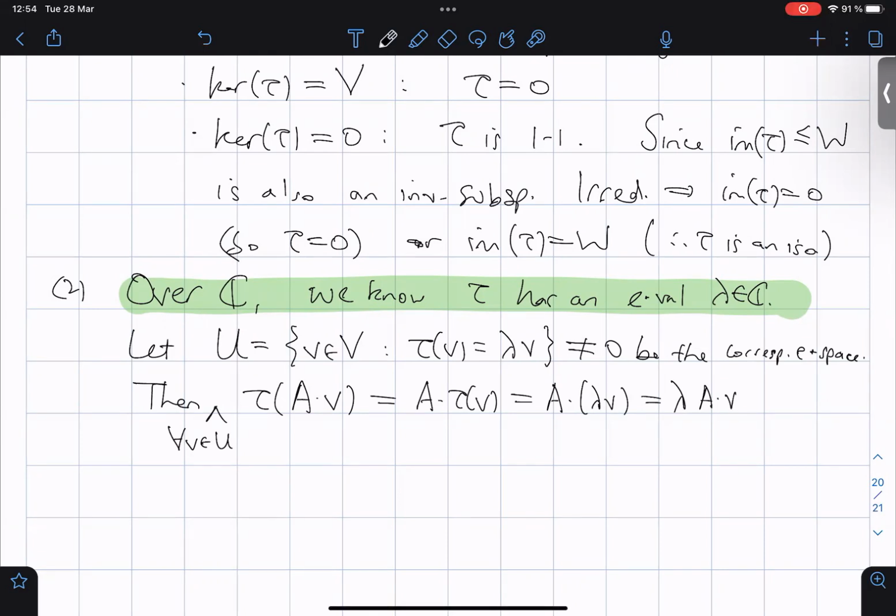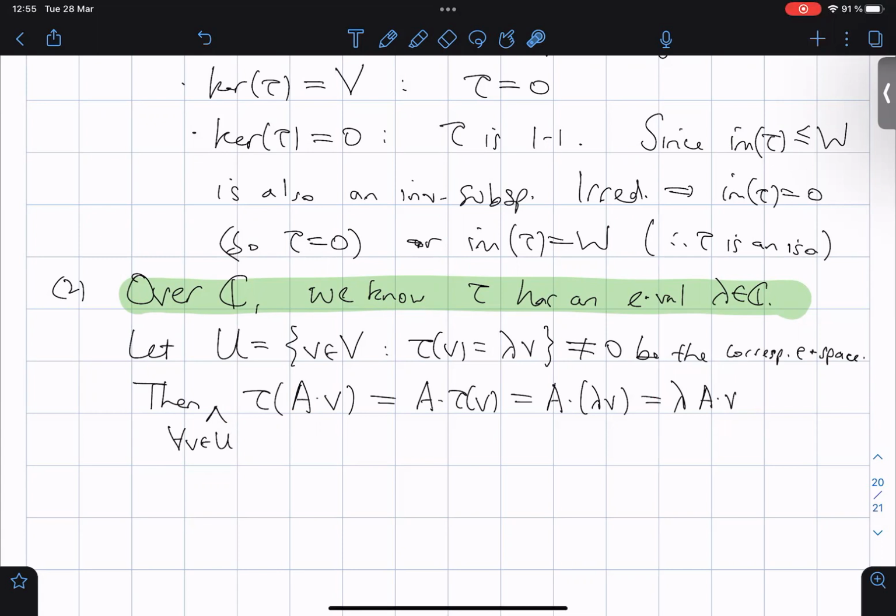So what did we just show? If I start out with a vector in U and I apply A to it, then under tau it just gets turned into a multiple of itself.